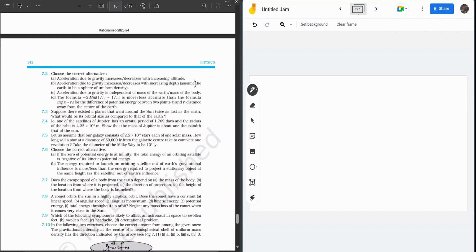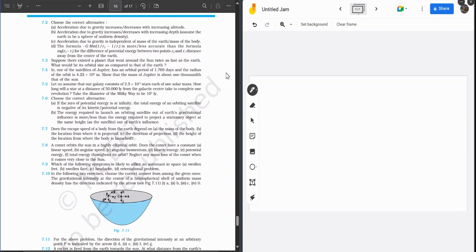Okay. Next, let us assume that our galaxy consists of 2.5 into 10 to the power of 11 stars, each of one solar mass. How long will a star at a distance of 50,000 light years from the galactic center take to complete one revolution? Take the diameter of the Milky Way to be 10 to the power of 5 light years.